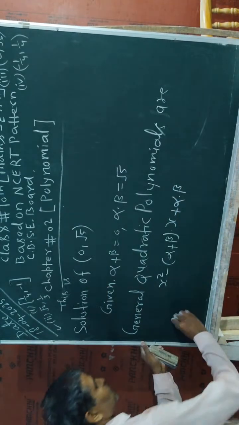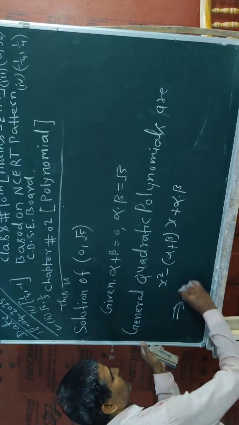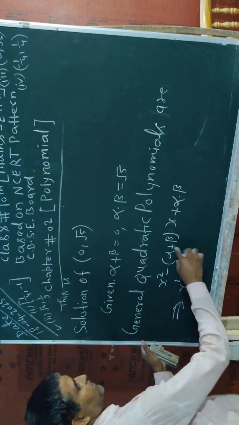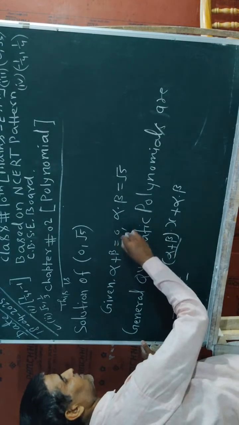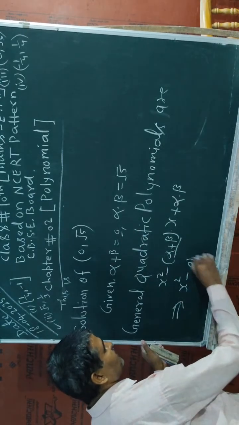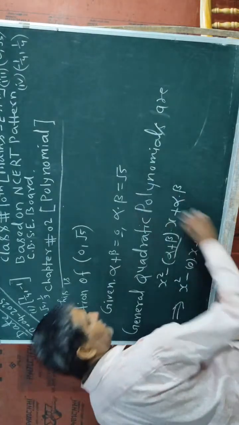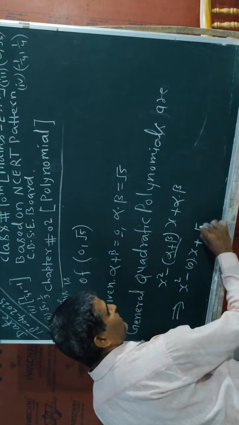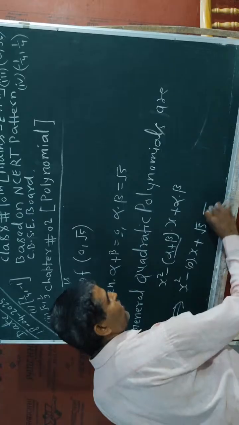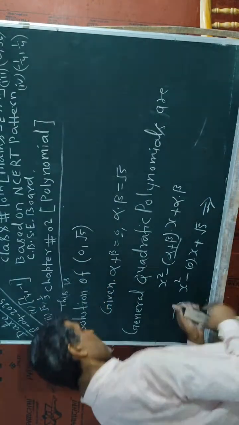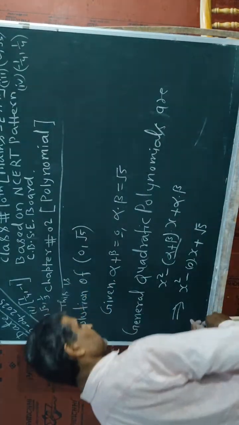Okay student, so further I am going to put here x square, and in the place of alpha plus beta, that is given 0, so I will write here 0 into x plus the value of alpha into beta, that is given root 5.